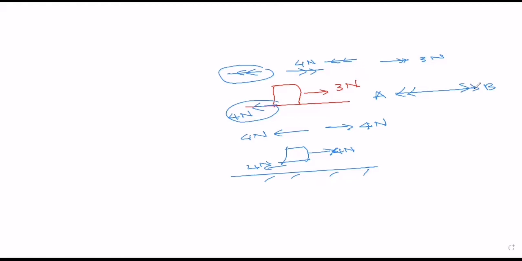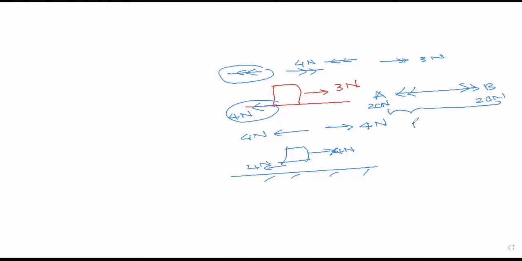In case both of them give the same amount of force, think group A is giving 20 Newton and group B is also giving 20 Newton. Now this rope will not move. Why? Because both are giving the same amount of force. So during this time, children, the magnitudes of the forces are equal.